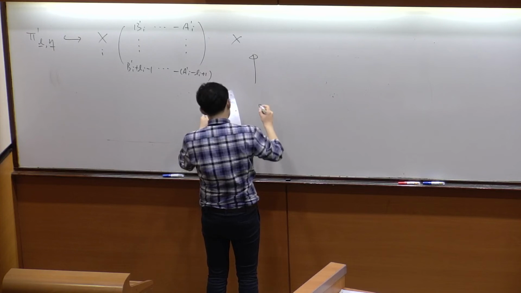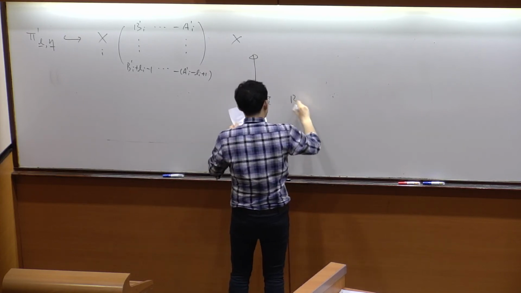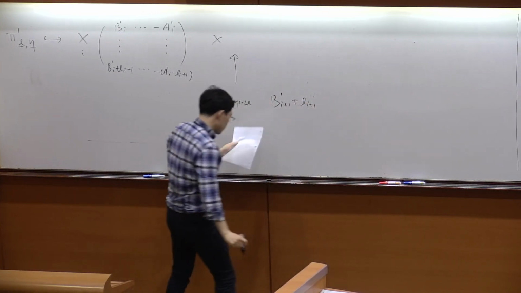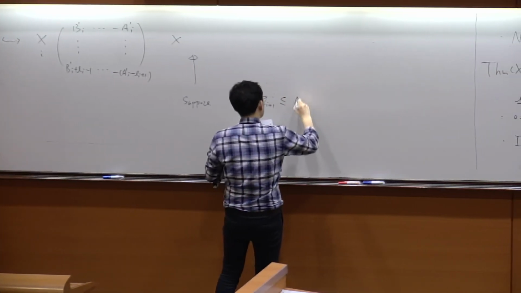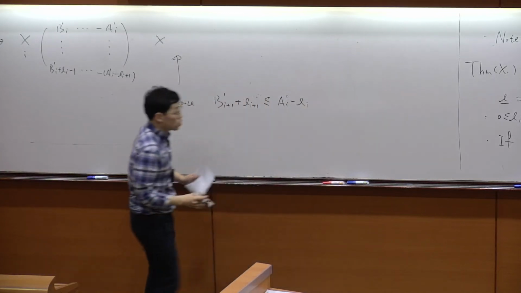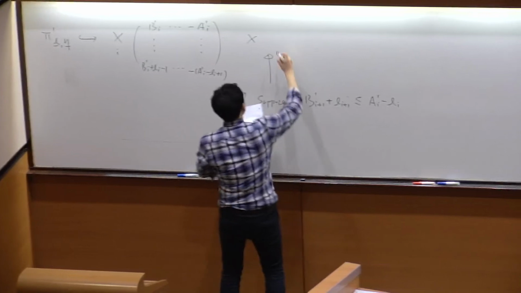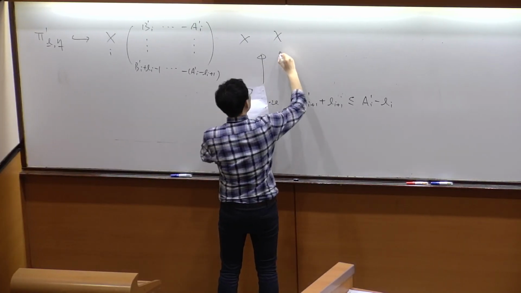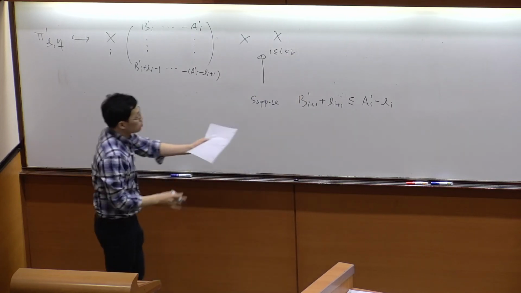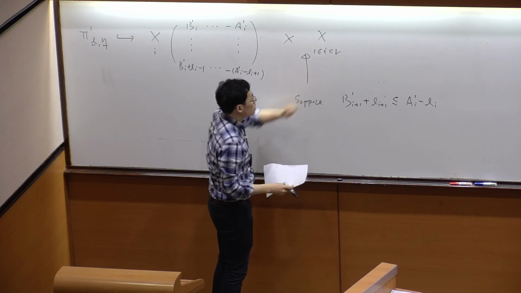So the assumption is that I want this condition to hold, so they do intersect. Then, how many? For each pair of consecutive intervals, there will be R minus 1 pairs.